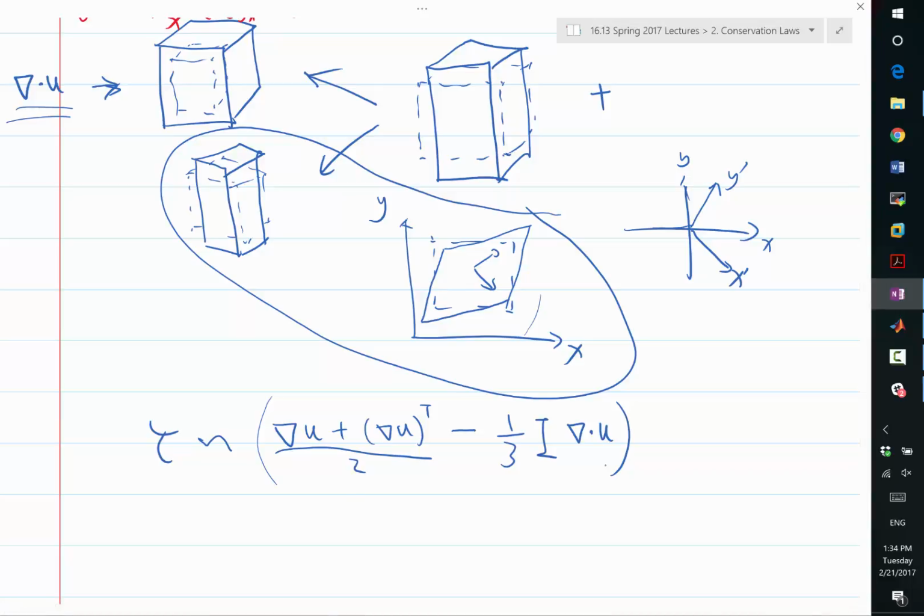And usually we define the viscosity in a way that it is proportional to just the grad of u. So the convention is to have a 2 mu on the whole thing to cancel out the factor of 2 here. So that's the usual form of viscous stress tensor in a Newtonian fluid.